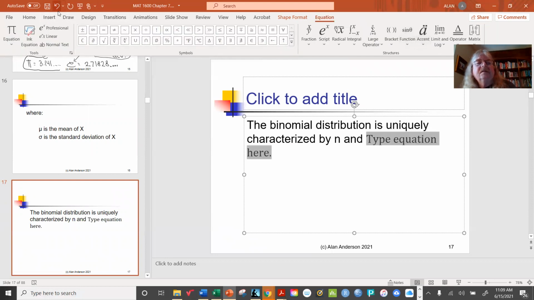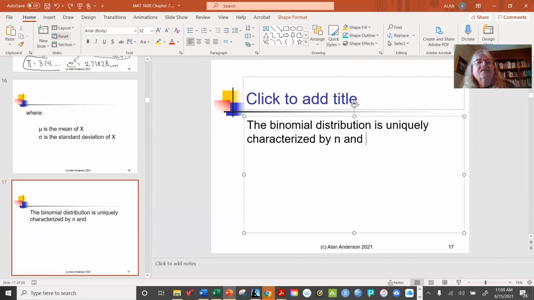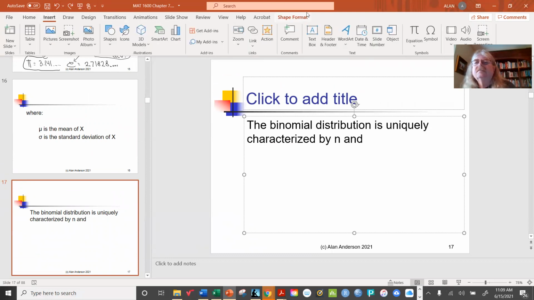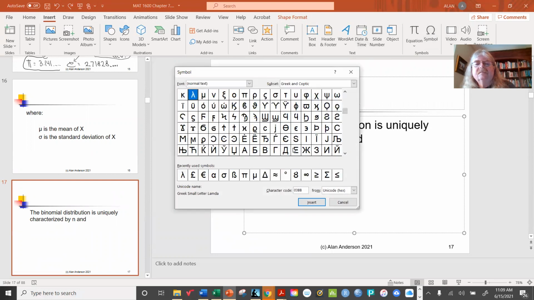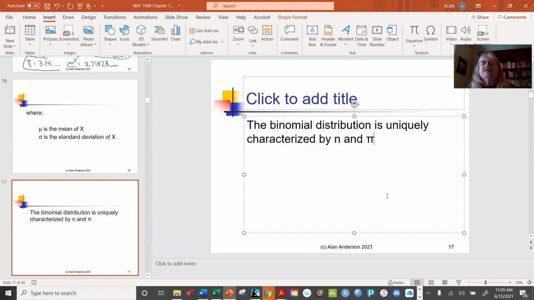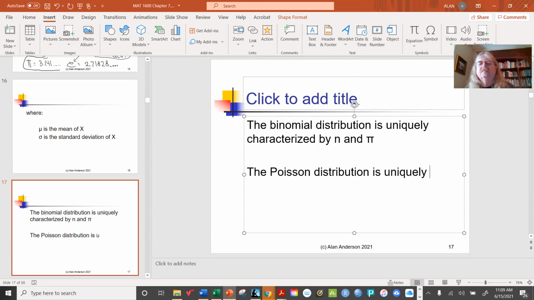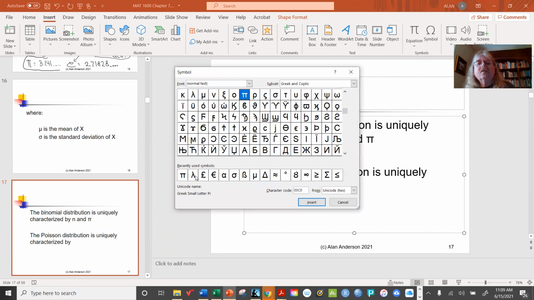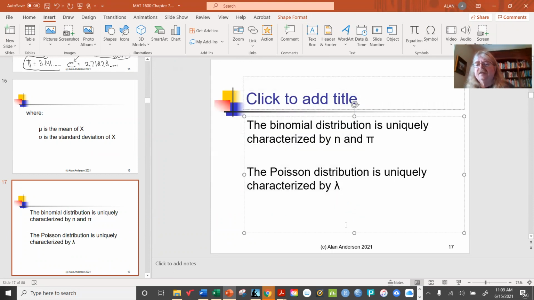Remember, not the pi that you know from high school. The Poisson distribution is uniquely characterized by lambda. As you saw in all those histograms, the shape of the distribution depends only on lambda.